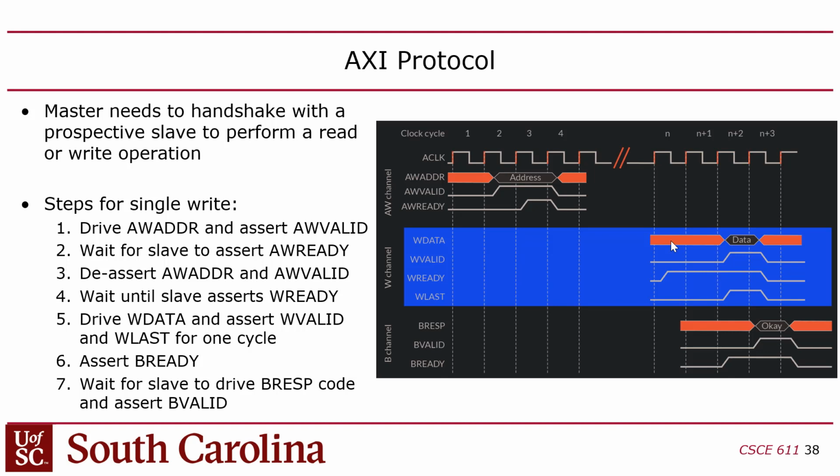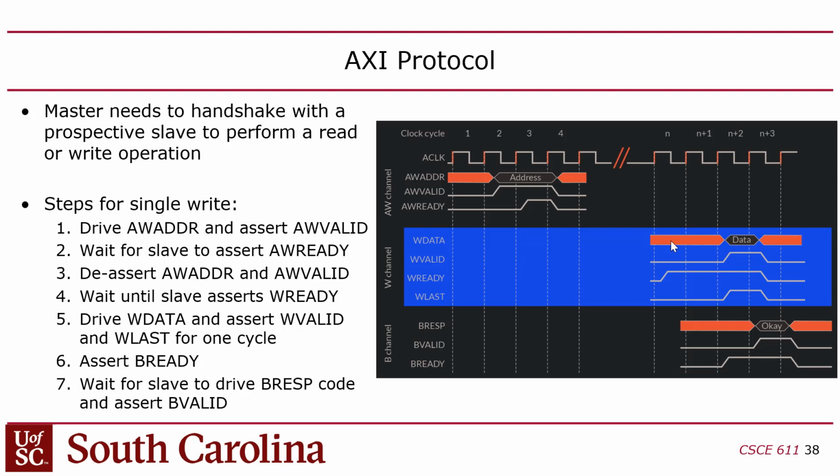Then I have to wait to see if that write worked. I have to wait for the other side of the channel to report back that everything's okay. That comes back on the B response. For that, I have to assert B ready, signaling that I'm ready for a response. And then eventually I'll get a response code and a valid for the response.